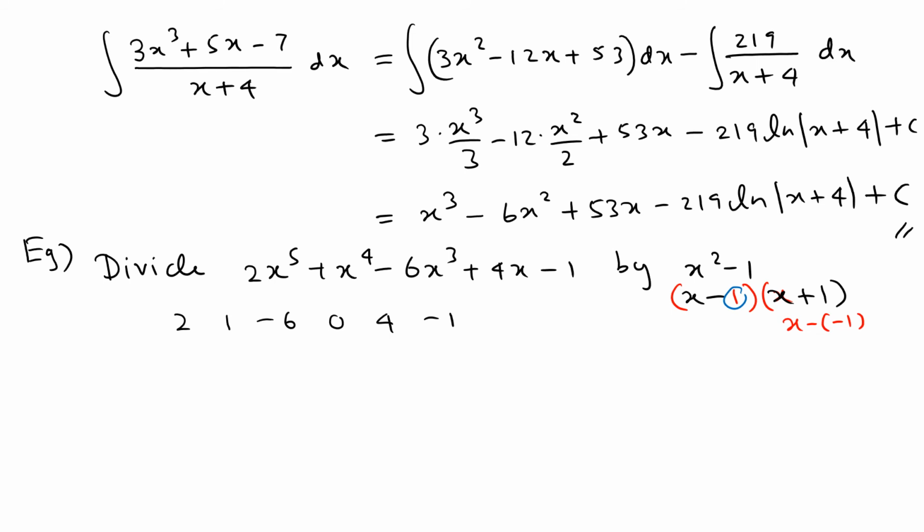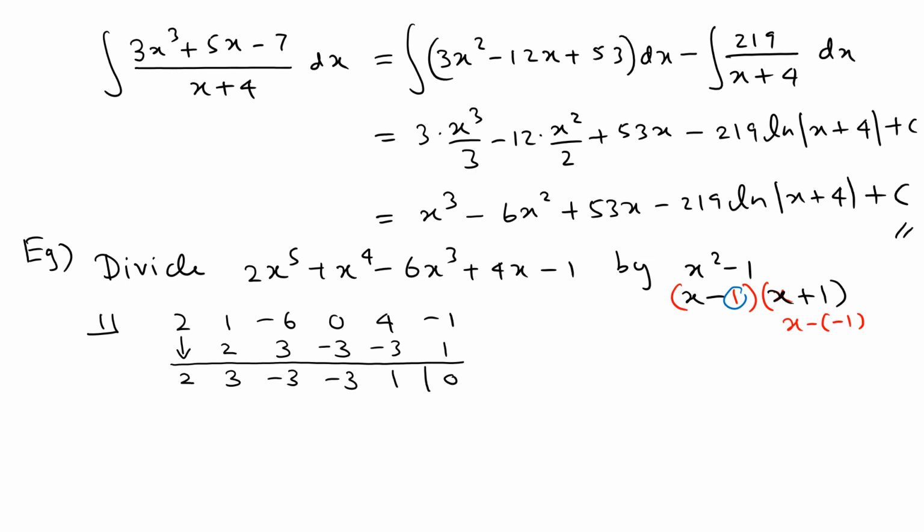It doesn't matter which one we start with, but we start with the easy one first. So we're going to start with x minus 1. That means 1 is the number. Copy the first number down. Then multiply. So you get 2, add, you get 3, multiply 3, add negative 3, multiply negative 3, add negative 3, multiply negative 3, add, you get 1, multiply you get 1, add you get 0.